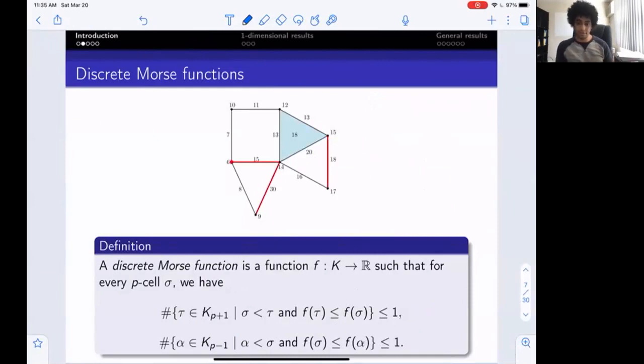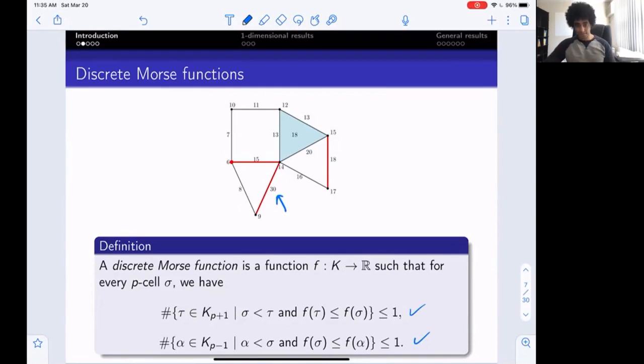And they play a very, very important role in that we'll soon see that they tell us a lot of topological information about the simplicial complex. So we can check, for instance, really quickly at this edge here, that both 14 and 9 have value less than 30. So this set has nothing inside it. And since this edge doesn't have any higher dimensional neighbors, the first set also automatically has cardinality 0.